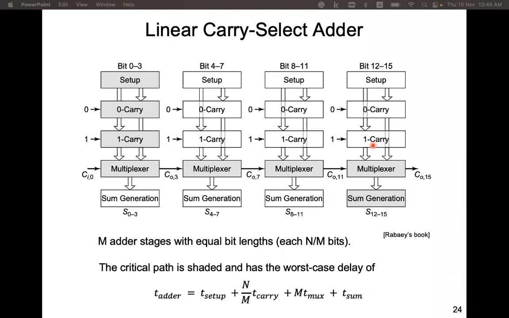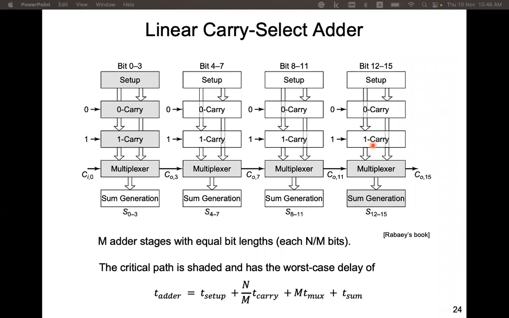And from this, you exclusive-or with P12, this exclusive-or with P13, this exclusive-or with P14, exclusive-or with P15.